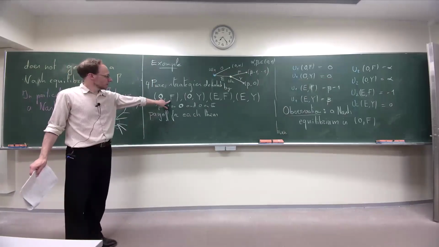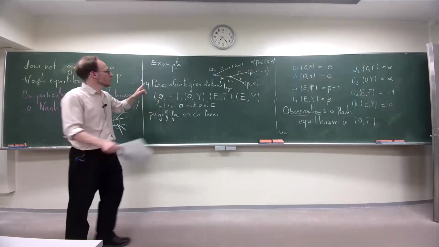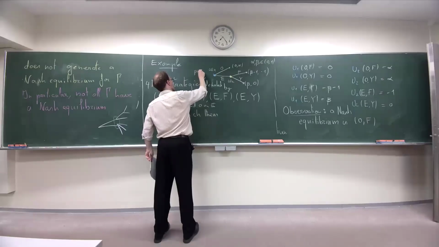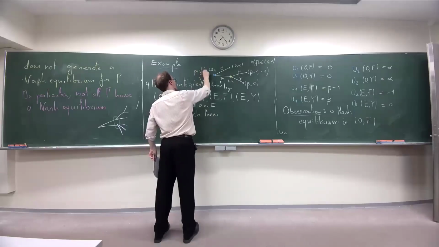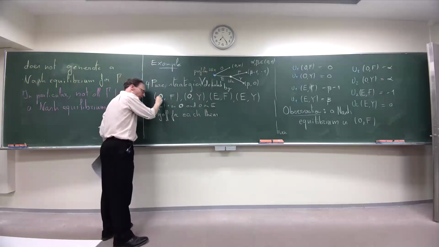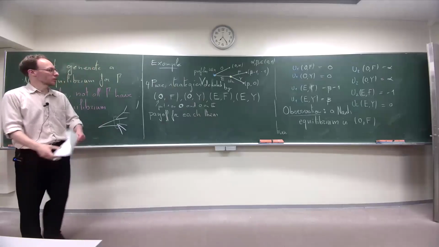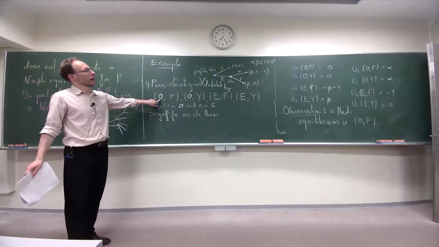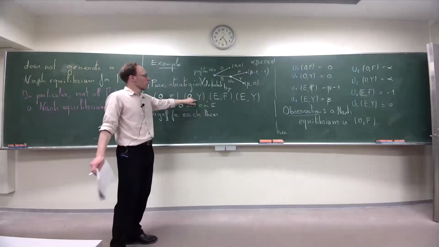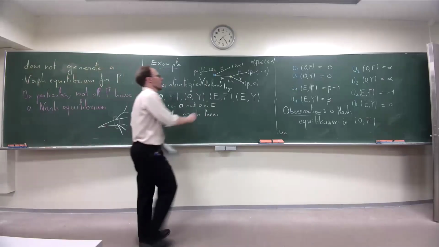Why? Because look, for defining our 4 pure strategy profiles, these are profiles. I always have, for the first player and for the second player, the first player takes the path O, the second player takes the path F; O, Y; E, F; and so on. So these are strategy profiles. Why is it a bit stupid?